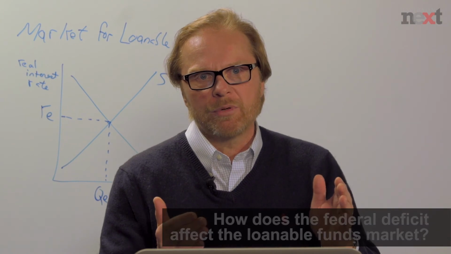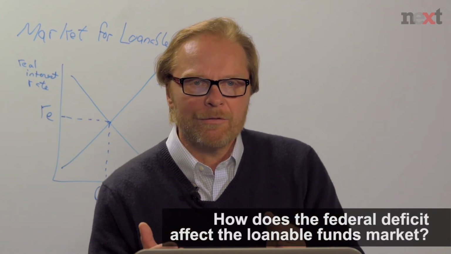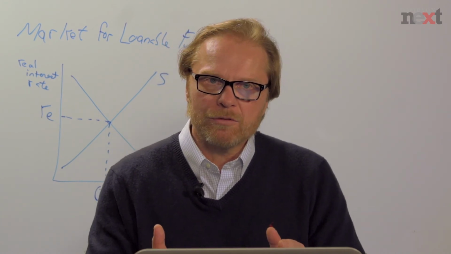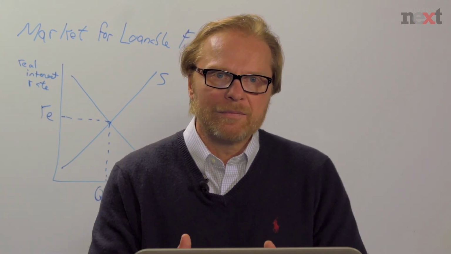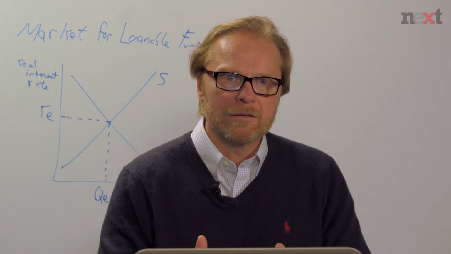It's just another perspective on how the federal deficit is going to affect the loanable funds market. But both perspectives result in the same conclusion. When the federal government borrows more money, this is crowding out, and the real equilibrium interest rate rises.